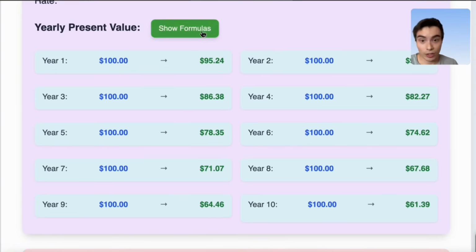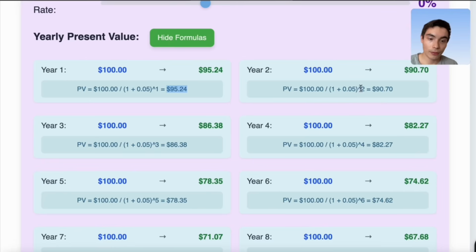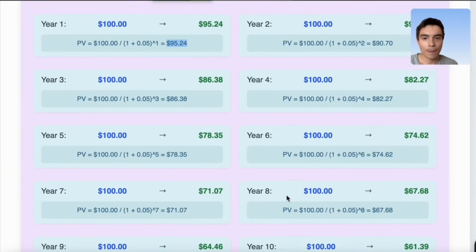Here you can see the formula: the present value is 100 divided by (1 plus 0.05) to the power of 1, because it's the first year. Because it's 5%, it's $95. Year 2, to the power of 2, $90. Year 3, $86. So you see that every year it becomes less valuable because it's further in the future.